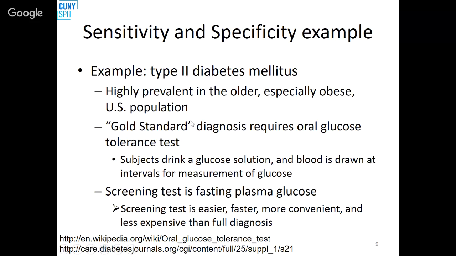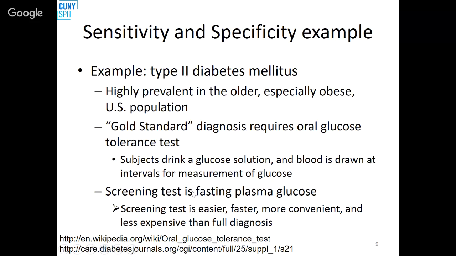This is just a hypothetical example with type 2 diabetes, and a gold standard test requiring a long period of follow-up where you drink a glucose solution and then continue watching it as it is metabolized from your system.